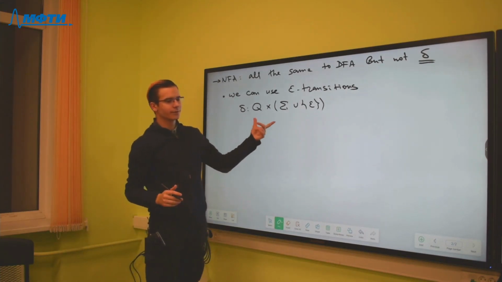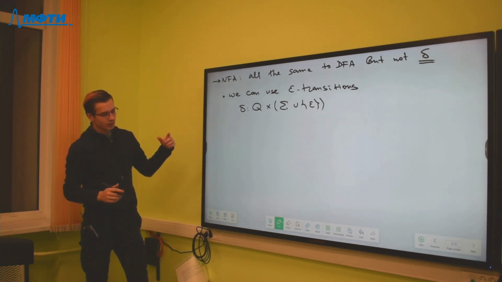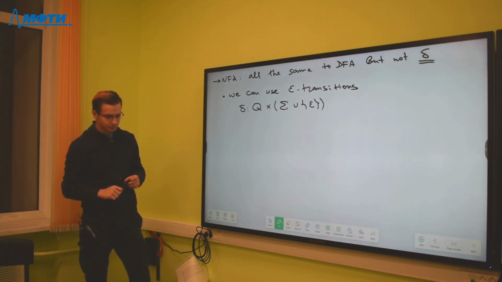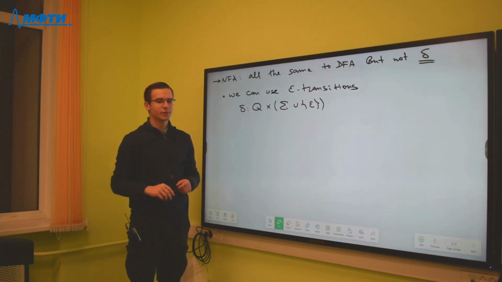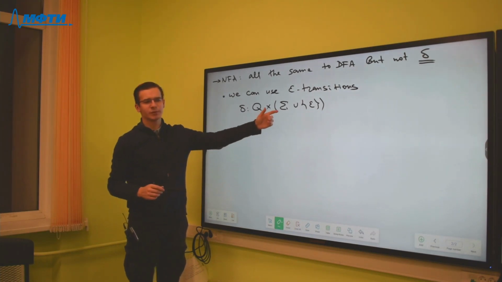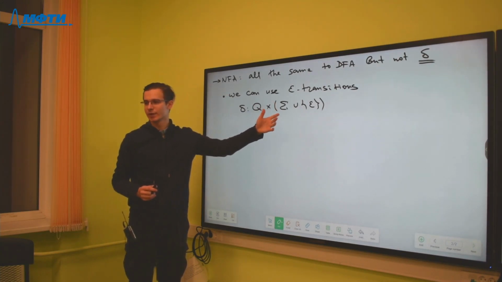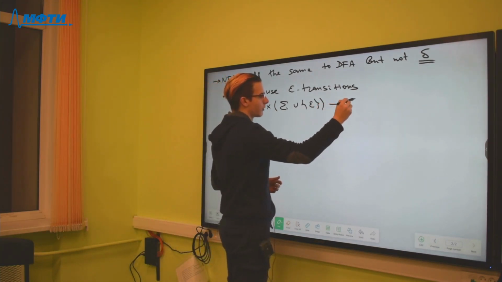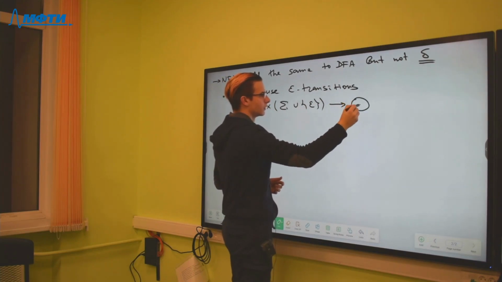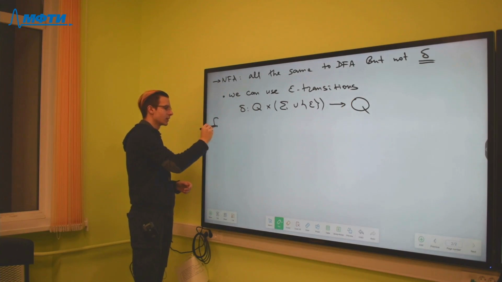About the meaning of it, we cannot say that in one moment we are in one state; we can say that in one moment we are in different positions, in different states of this automaton. So we can change it to an example.